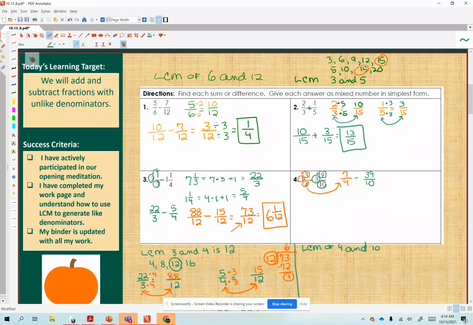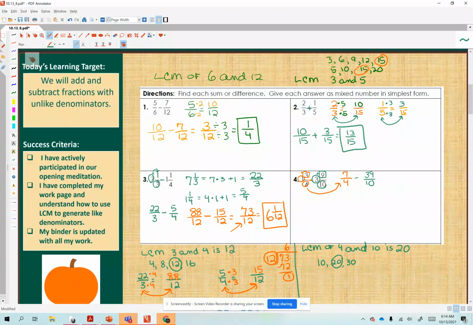So multiples of 10 are 10, 20, 30. And if I look at that, are any of these also multiples of 4? And indeed, the 20 is a multiple of 4. So the least common multiple of 4 and 10 is 20.